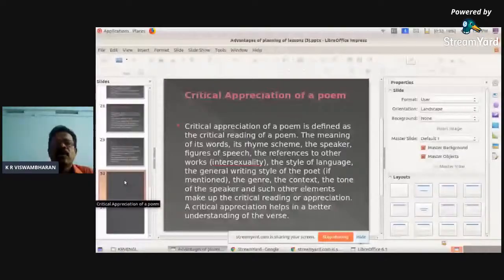So you analyze, find out its meaning, the reference to other works, etc. Then only you can go deeper and deeper and deeper to the depth of the poem. It helps in a better understanding of the style.